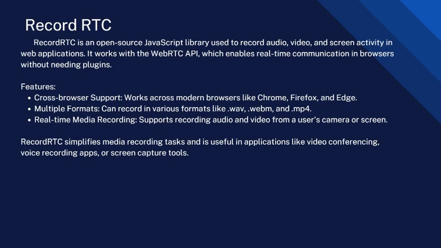It works across modern browsers like Chrome, Firefox, and Edge. It has multiple formats. It can record in various formats like .wav, .webm, and MP4. Real-time media recording. It supports recording audio and video from a user's camera or screen. Record RTC simplifies media recording tasks and is useful in applications like video conferencing, voice recording apps, or screen capture tools.